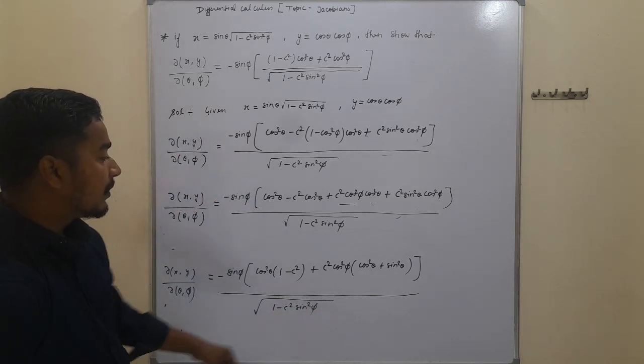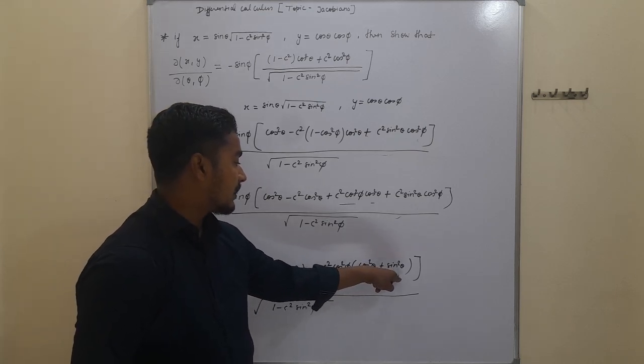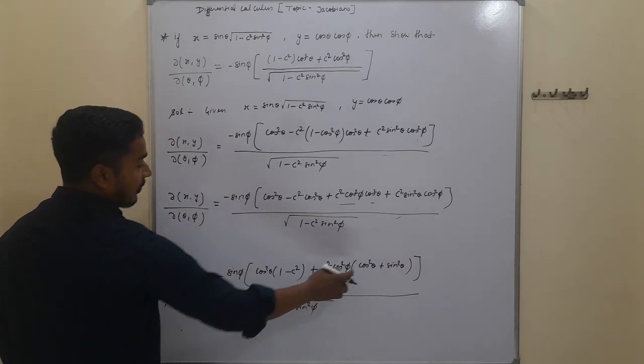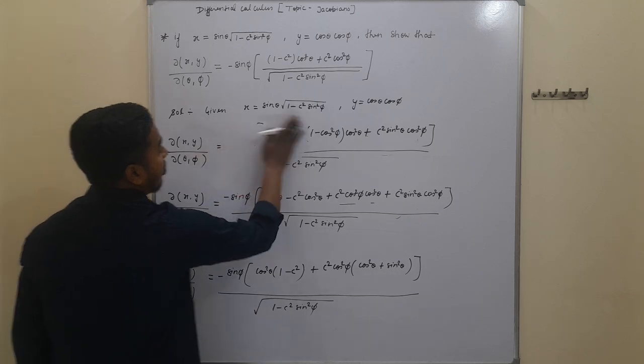And from trigonometry we know that cos square theta plus sin square theta is 1. So we put here 1 and we get the required result.